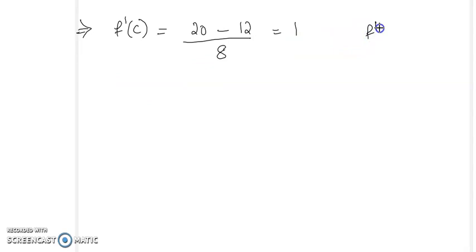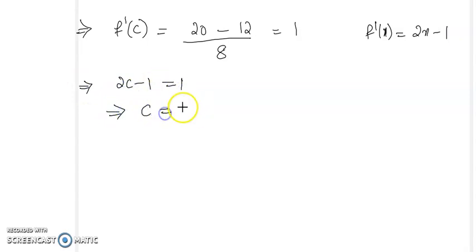Now f dash of x is equal to 2x minus 1. So that implies 2c minus 1 is equal to 1. So we will have c equal to 2 by 2, which is equal to 1. So therefore c will be equal to 1. That's the required value of c.